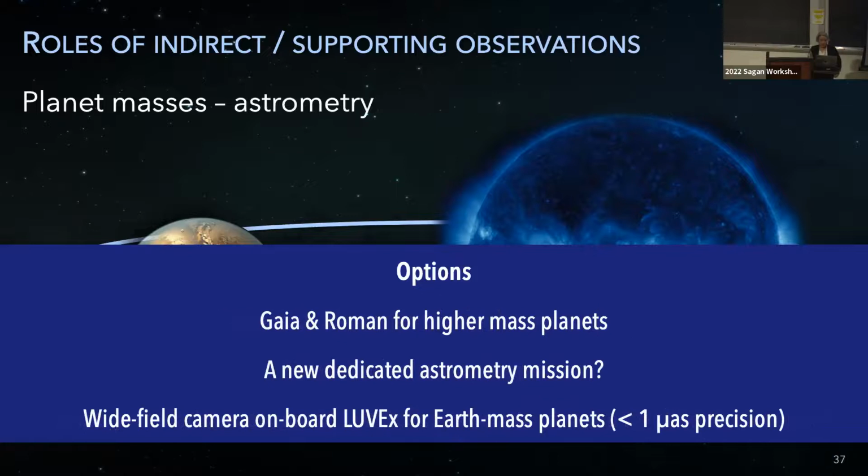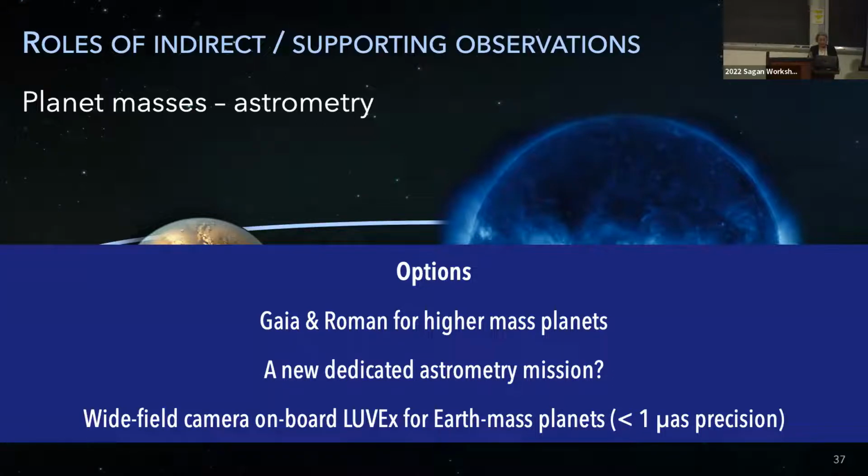Okay, so if we can't, then hopefully astrometry will come to the rescue. So as mentioned this week, this technique is relatively unaffected by stellar activity. So as you've heard, Gaia will provide masses for an enormous number of large exoplanets. The upcoming Roman Space Telescope can also do astrometry, and Scott Gowdy will talk about that later today.